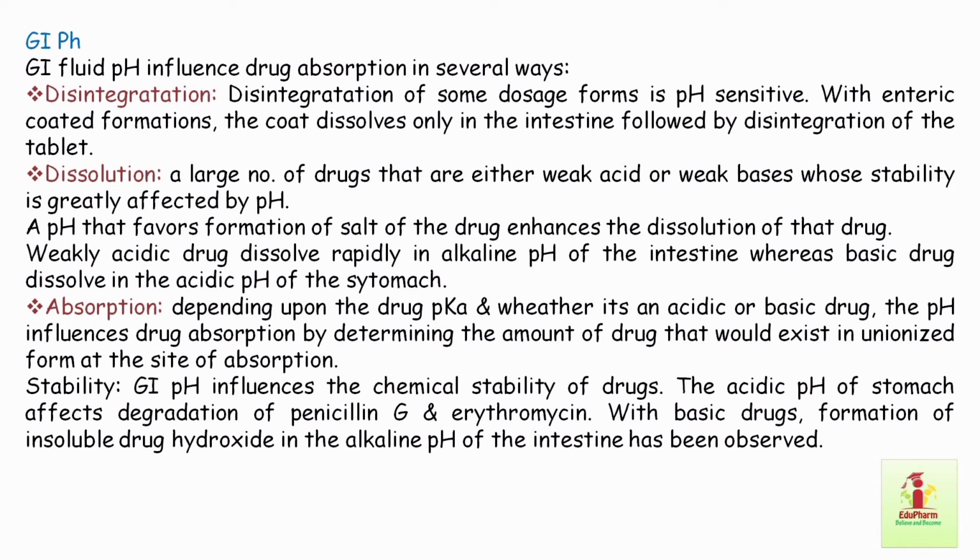And then the absorption. Depending upon the drug pKa and whether it's an acidic or basic drug, the gastrointestinal pH influences drug absorption by determining the amount of drug that would exist in unionized form at the site of absorption.